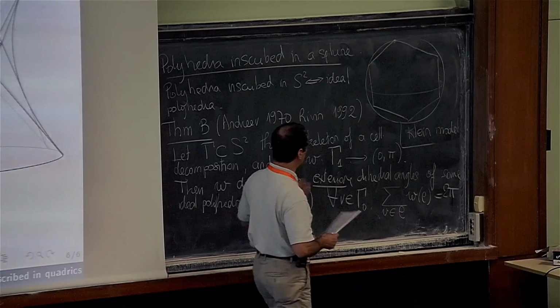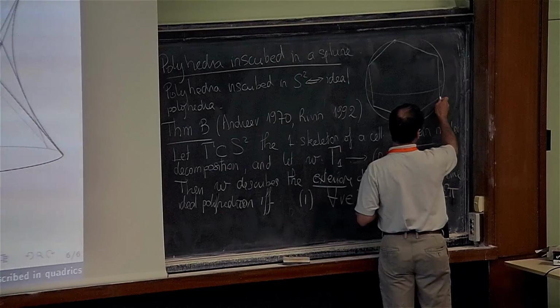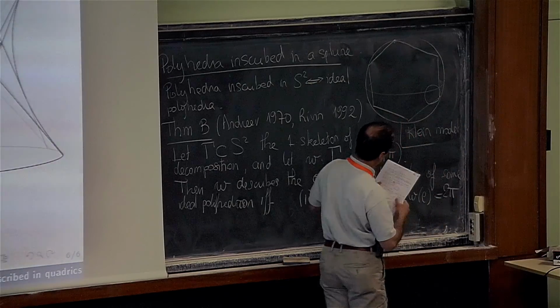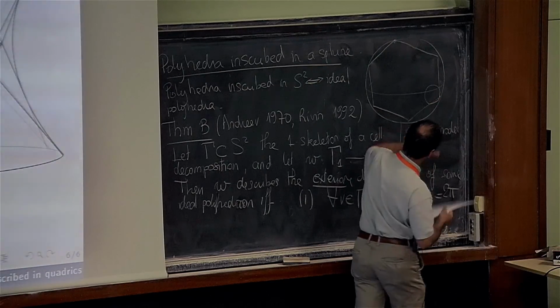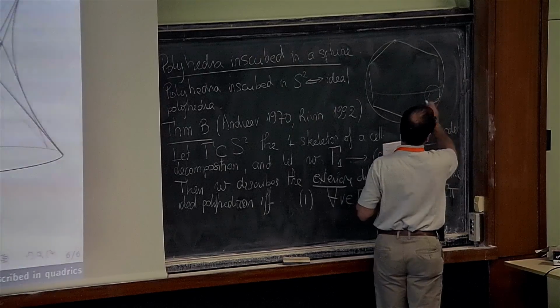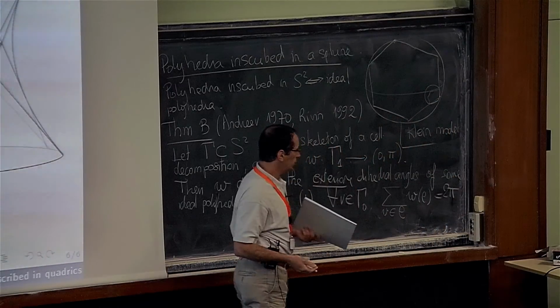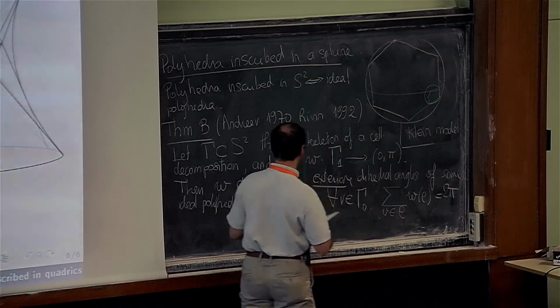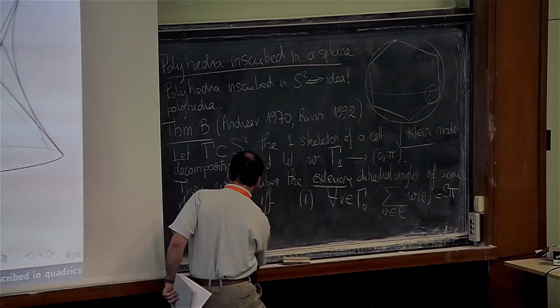This is for elementary reasons. When you have a polyhedron like this, you can look at the link, which is the intersection with some small horosphere centered at the vertex. What you get in this link is a Euclidean polygon, and from this it's easy to see that this sum has to be equal to 2 pi. So that's my first condition. It's quite obvious that it must hold.